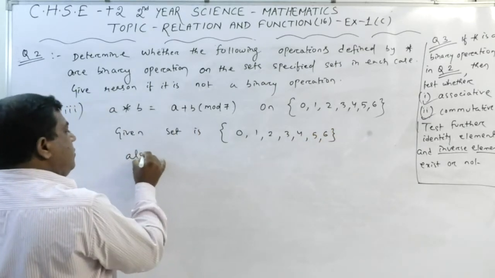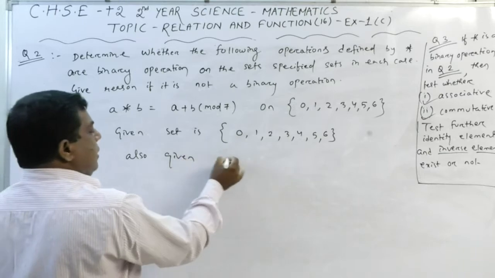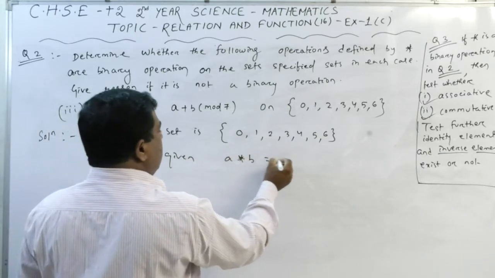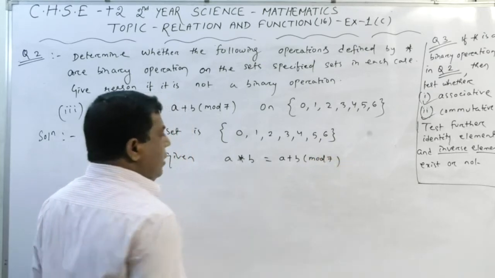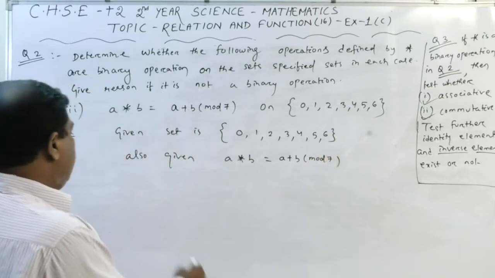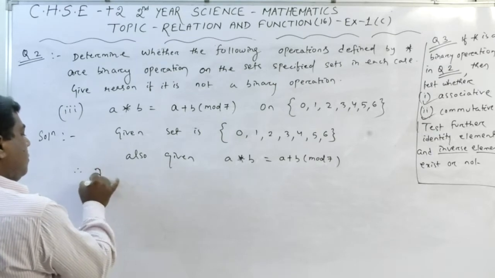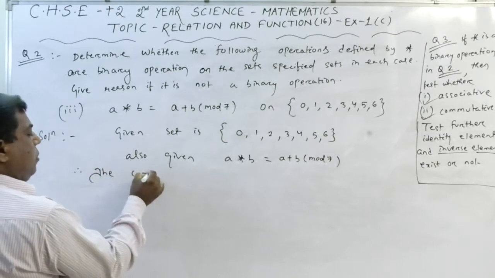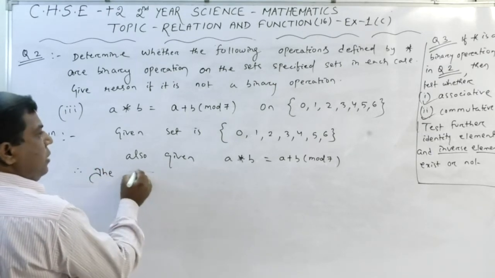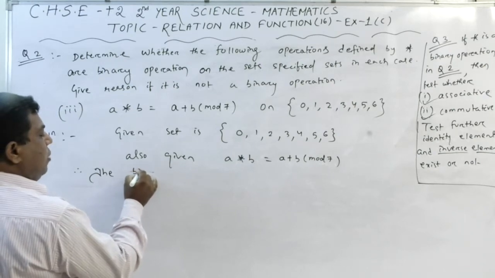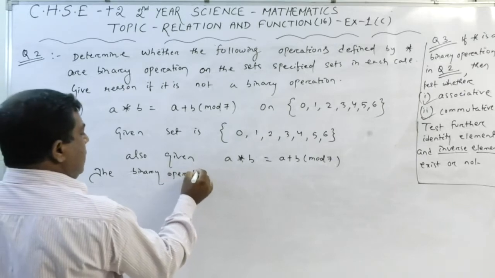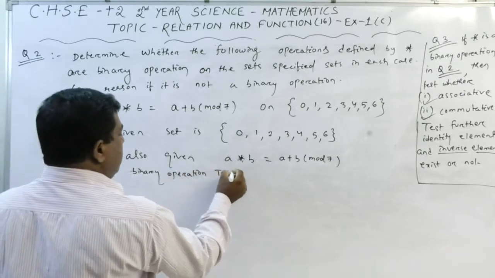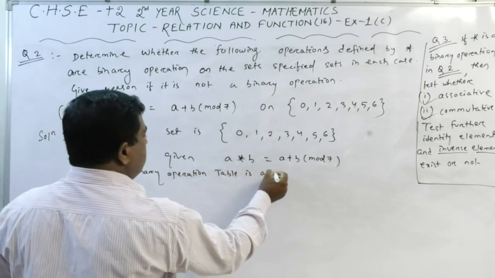Also given, A star B is A plus B modulo 7. Therefore the composition table, or you can say the binary operation table, is as follows.